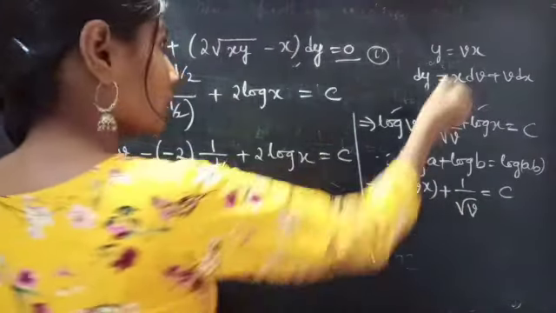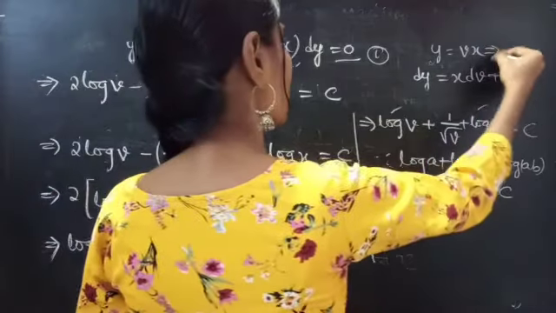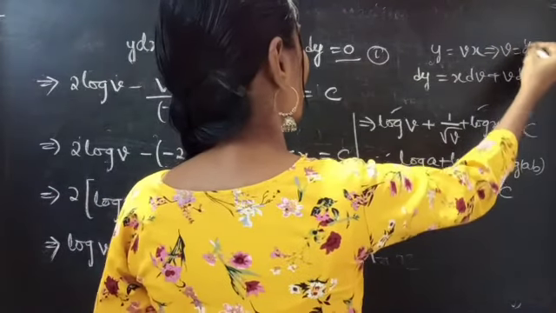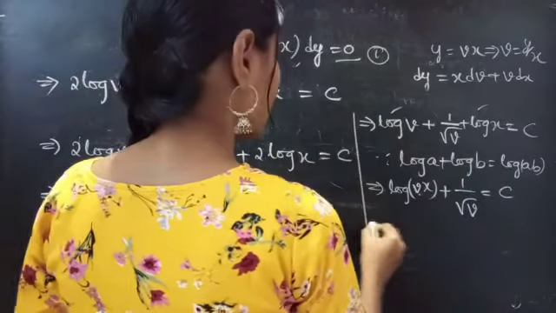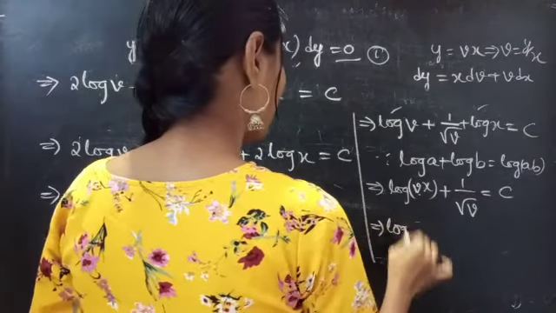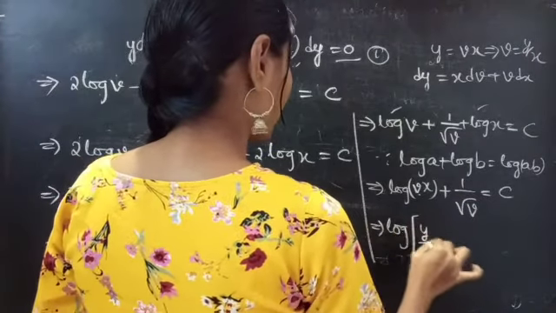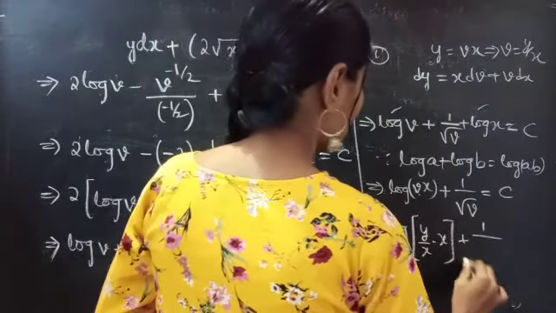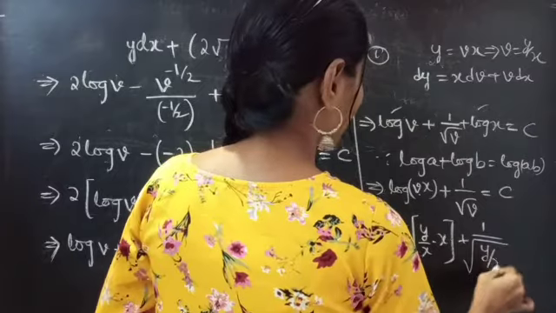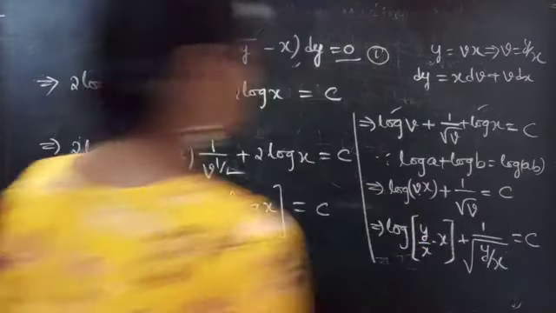We are having y equals to vx. From this we'll get v equals to y by x. Now replace v by y by x. Then log y by x into x plus 1 by square root of y by x equals to c.